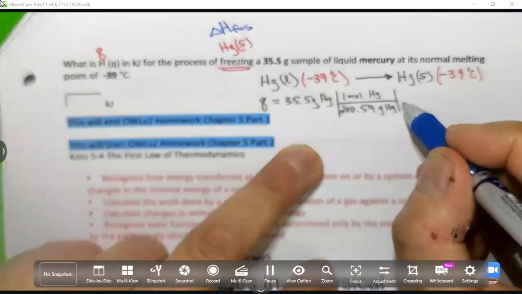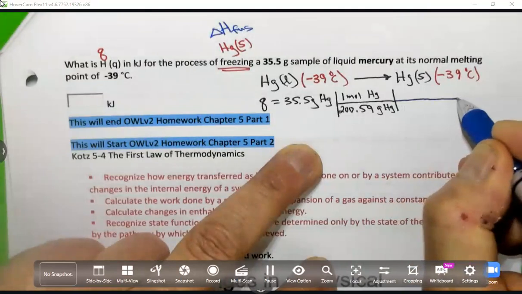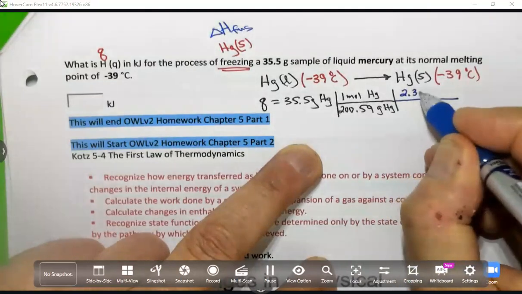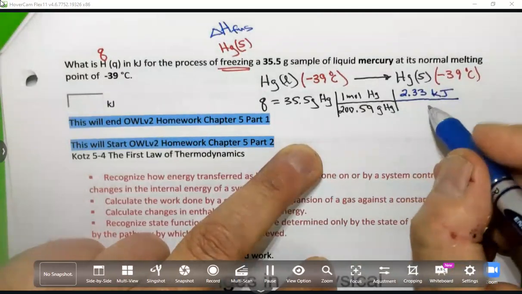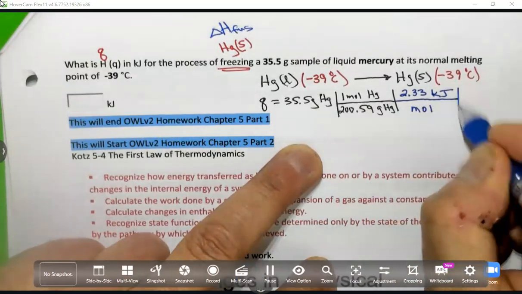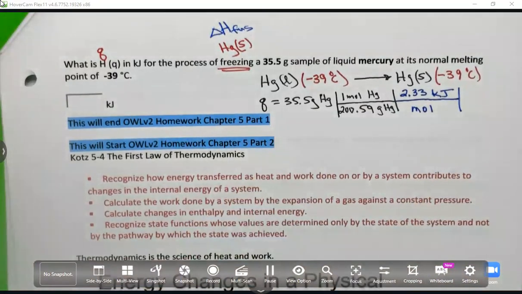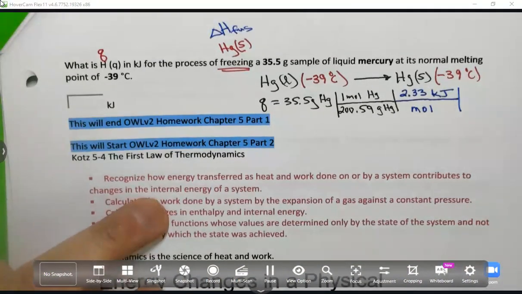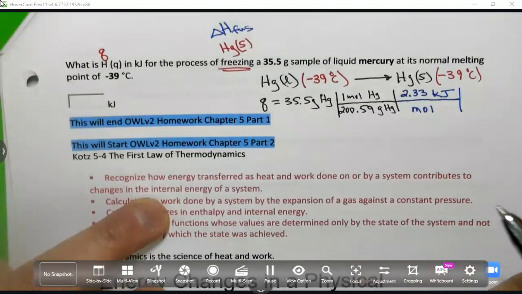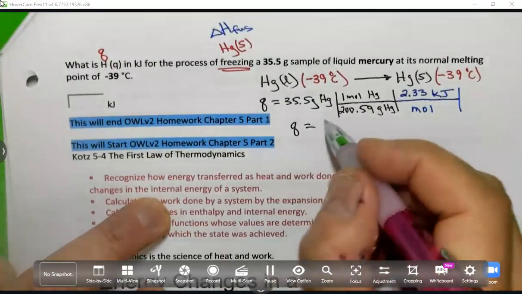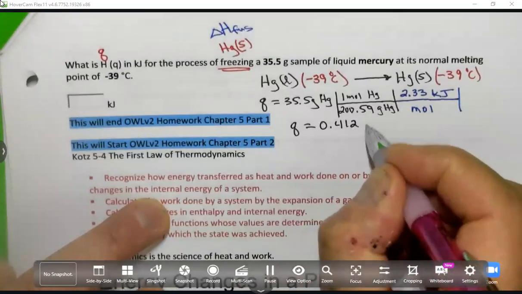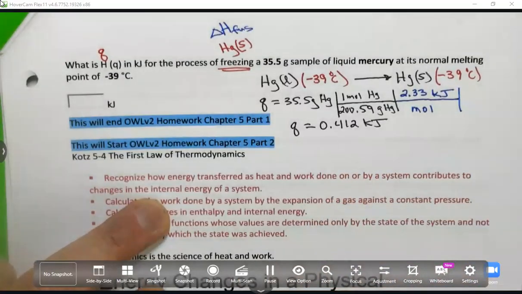And then the enthalpy of fusion from the previous page is 2.33 kilojoules per mole. So if we plug this in, we get 0.412 kilojoules that we have to take away.